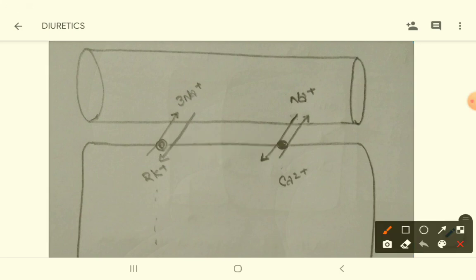Here is less sodium and here is more sodium, so more sodium will come here and more calcium will be reabsorbed here into the bloodstream.